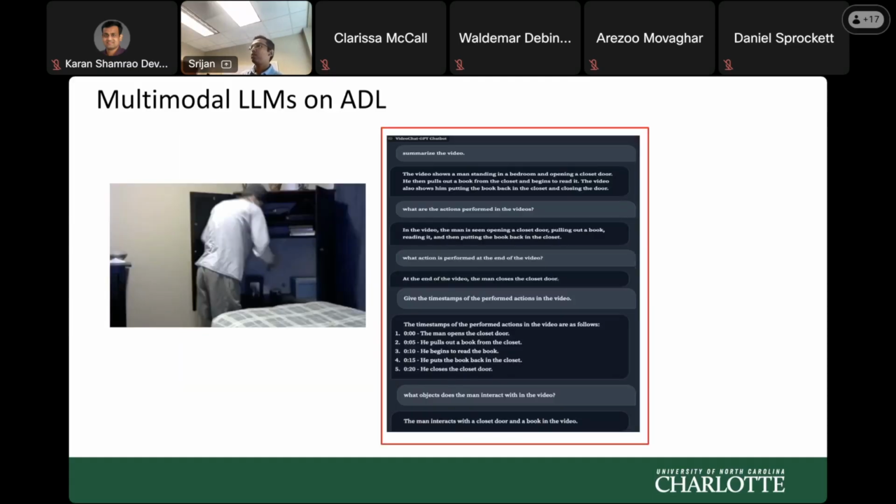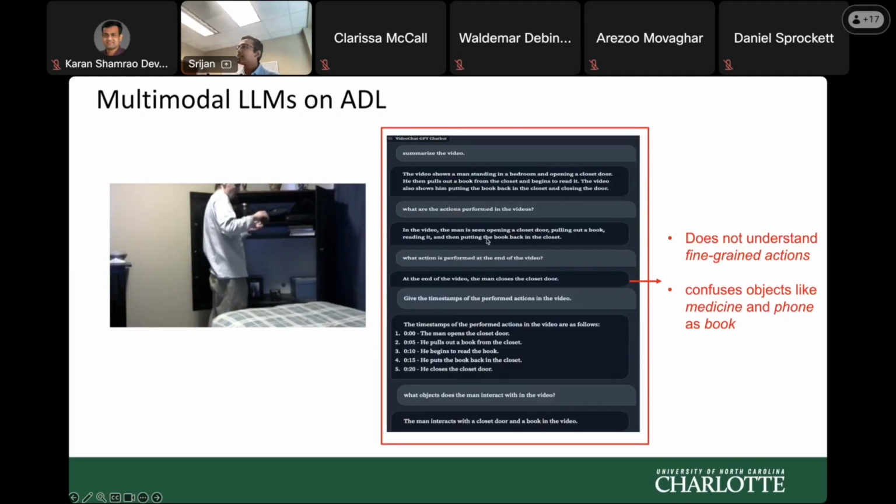I can show some more examples. So here is a person. This person is taking medicine near a cupboard, and the action this model recognizes is that the man is seen opening a closet door, pulling out a book, reading it, and then putting the book back in the closet.